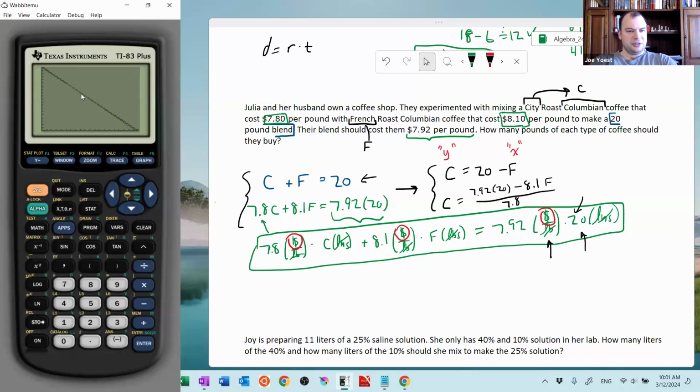It was kind of hard to see, but my two lines have a very similar slope. So I think that my intersection occurred somewhere roughly in the middle of the screen, maybe a little bit to the top left. Maybe I'll change my window around a little bit. Maybe I'll go from, say, 5 to 10 on the horizontal axis, and maybe I'll try 5 to 10 on the vertical. We'll see if that gets us the intersection on the screen.